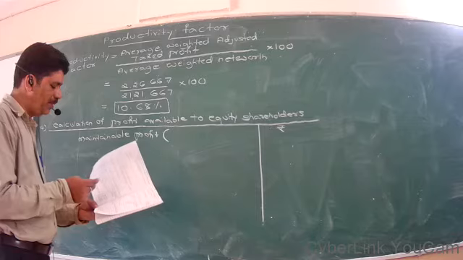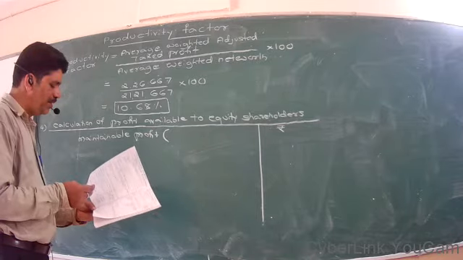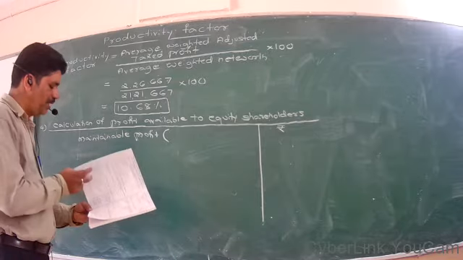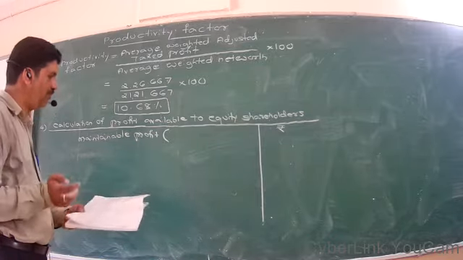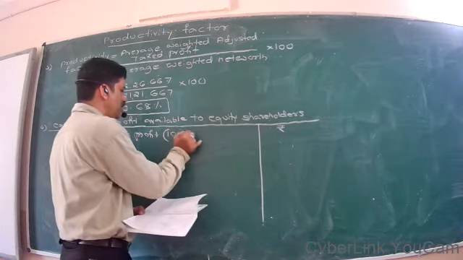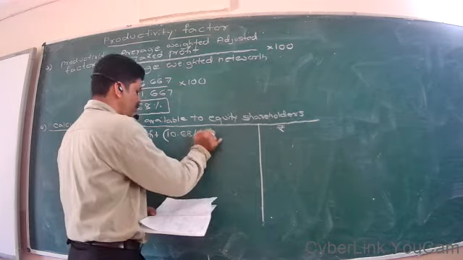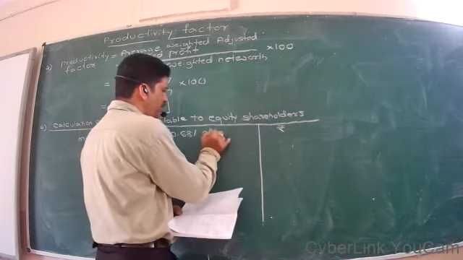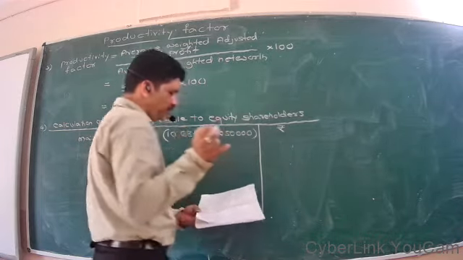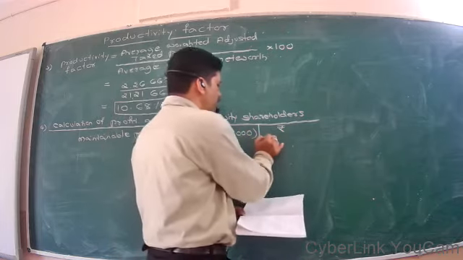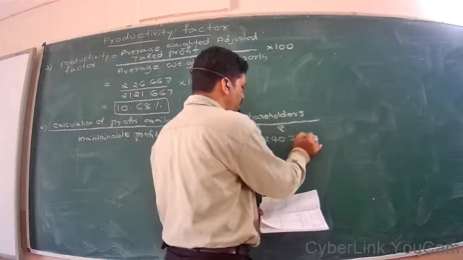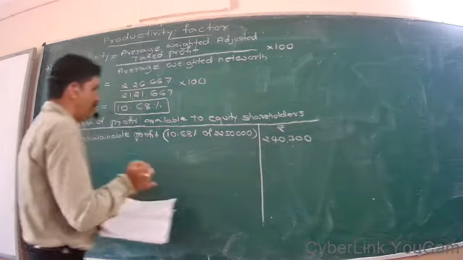So here in the problem, the information given, that is on the valuation date, the net worth excluding investment amounted to rupees 22 lakh 50,000. So here 10.68% of 22 lakh 50,000. So this becomes 2 lakh 40,300.